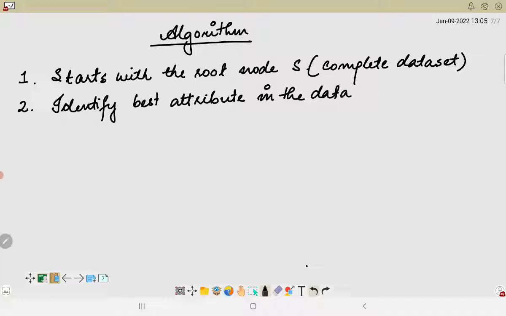We do have several mechanisms for this, which we will be broadly discussing later. We will be identifying the best attribute in the data set by making use of attribute selection measures. So there are attribute selection measures, and based on those we will be identifying the best attribute.